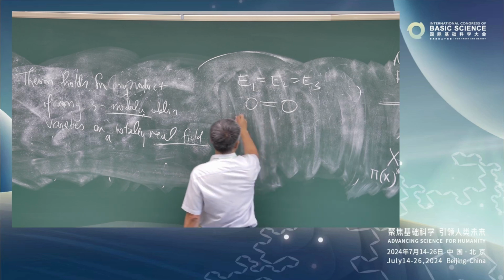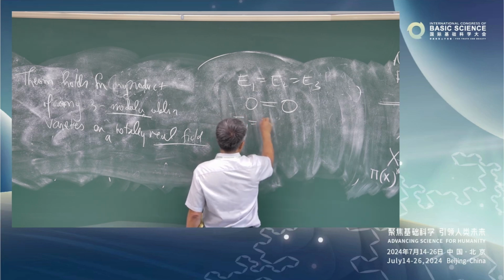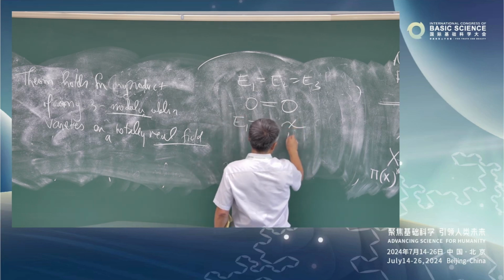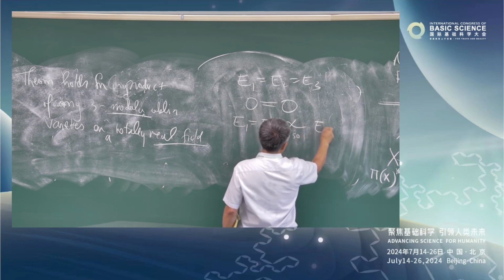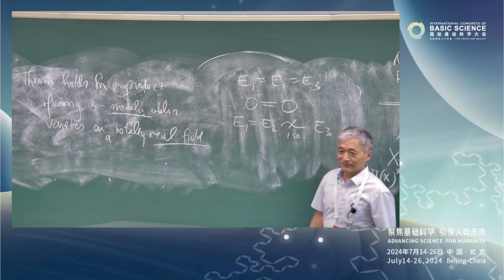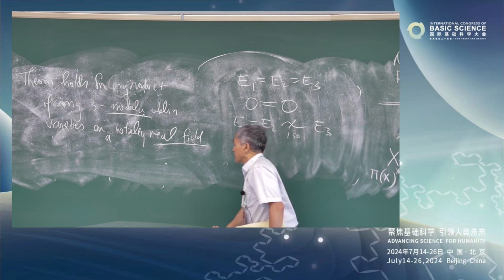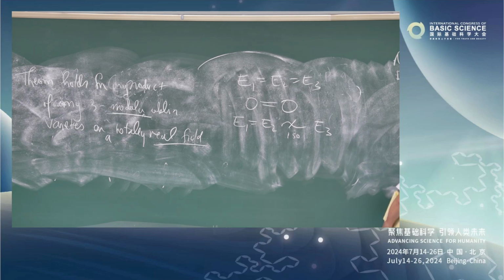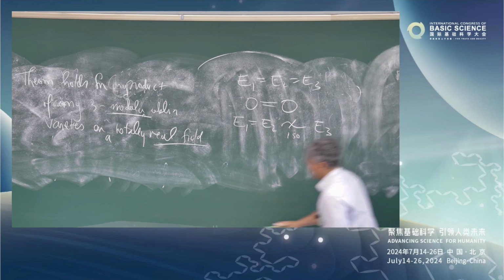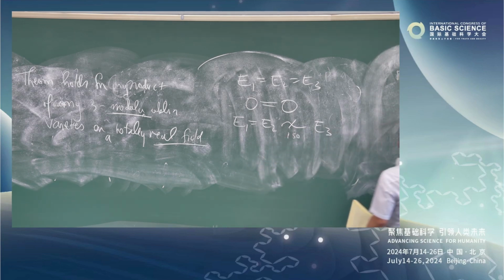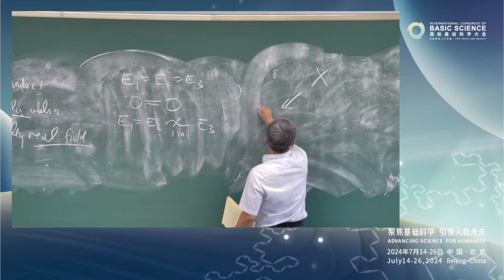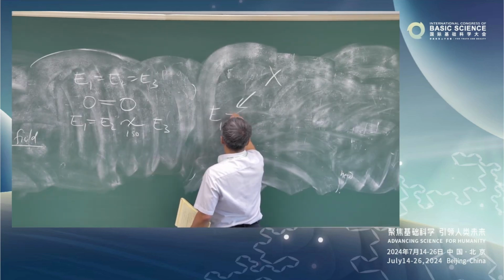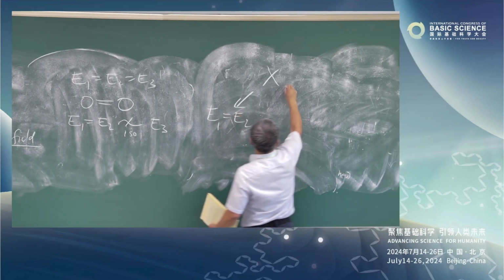But if U1 equals U2, and U3 is not isogenous, this is quite interesting. You have X mapped to U1 equals U2, and a map to U3.